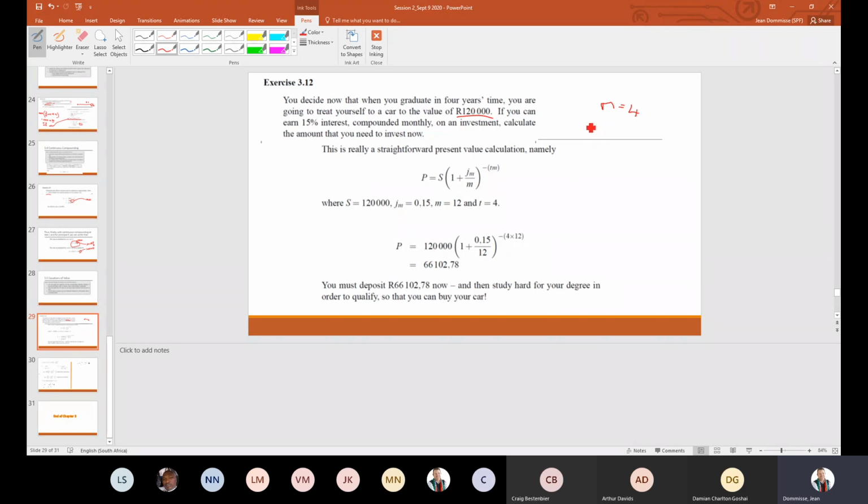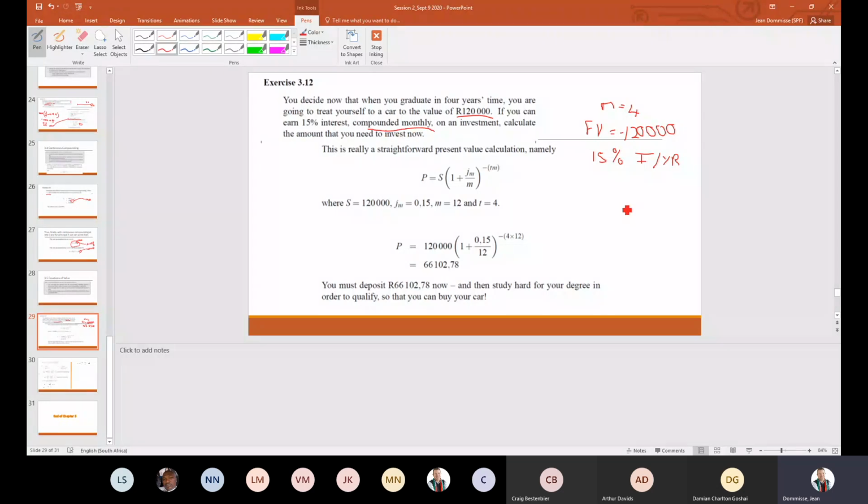So your future value is 120,000. I wish that is what cars cost nowadays. If you can earn 15% interest, that is your interest rate, compounded monthly.